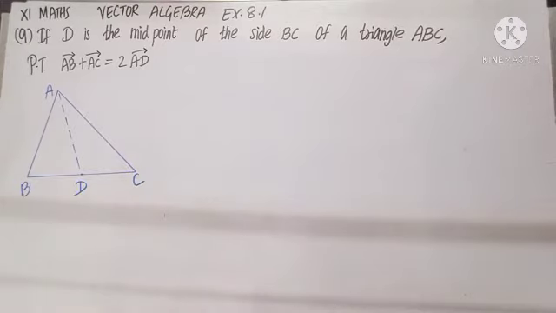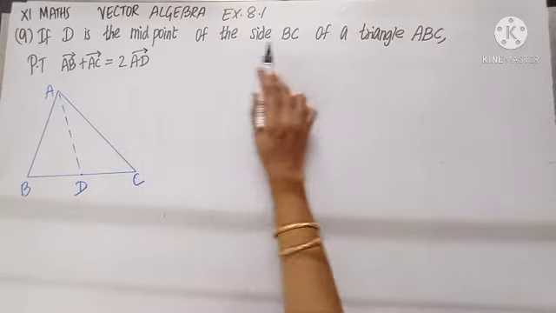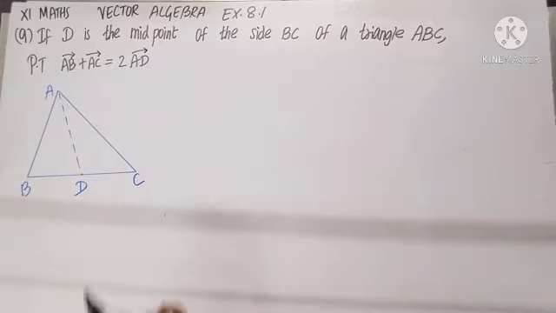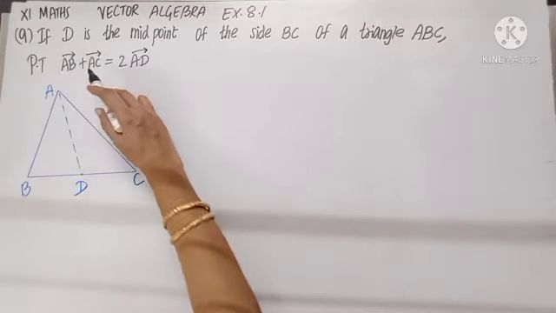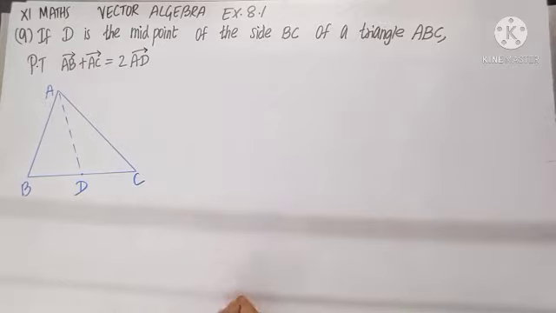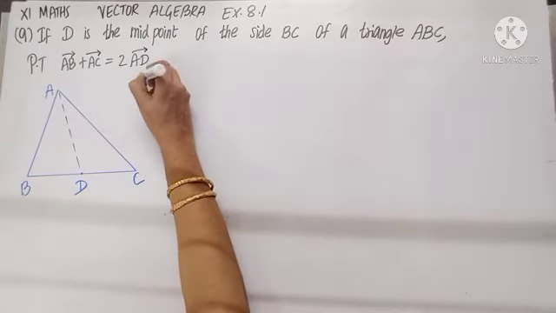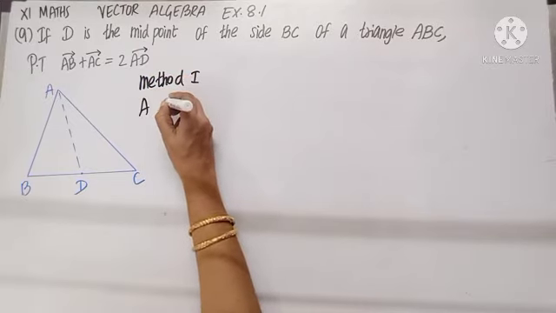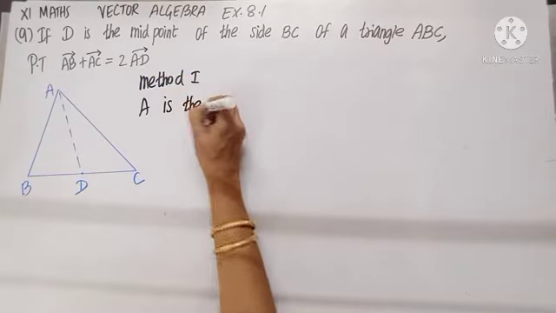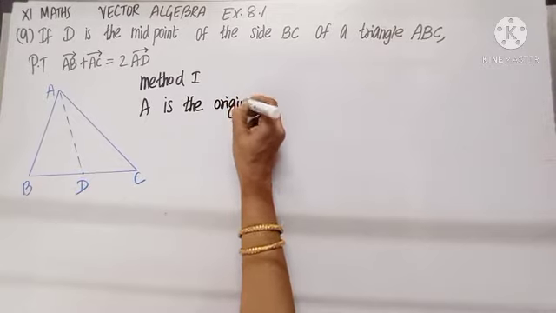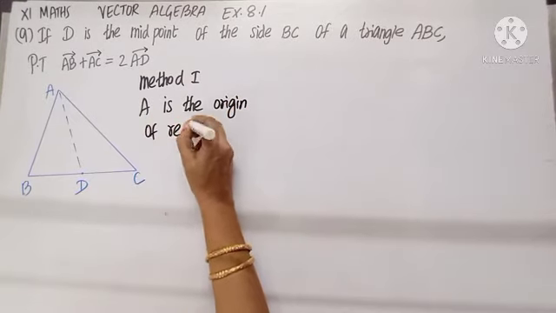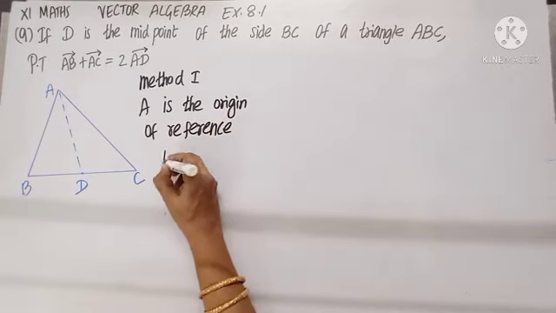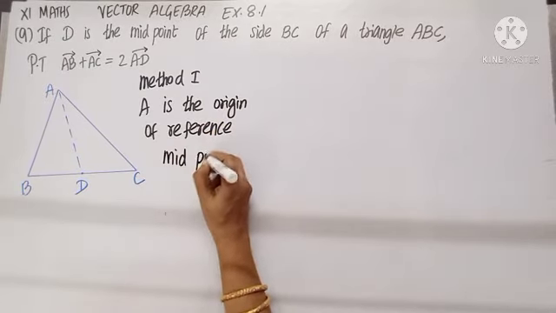Question number 9. If D is the midpoint of the side BC of a triangle ABC, we need to prove that AB plus AC is twice AD. Now method 1. I can consider A as the origin of reference. When I consider A as the origin, what is the midpoint of BC?